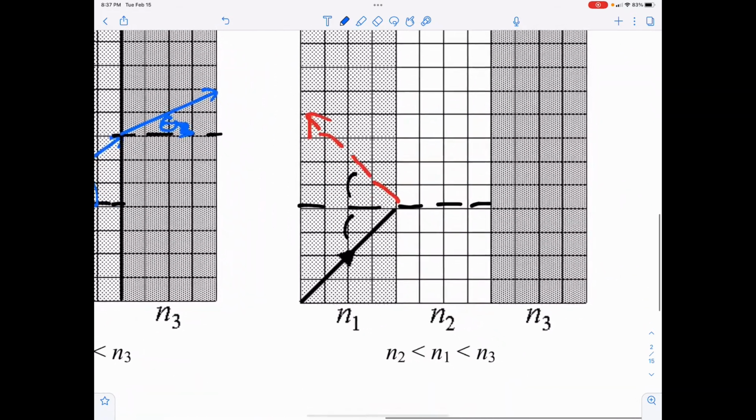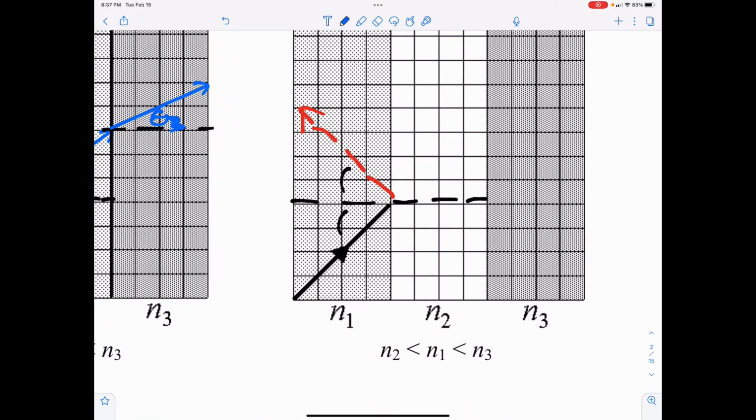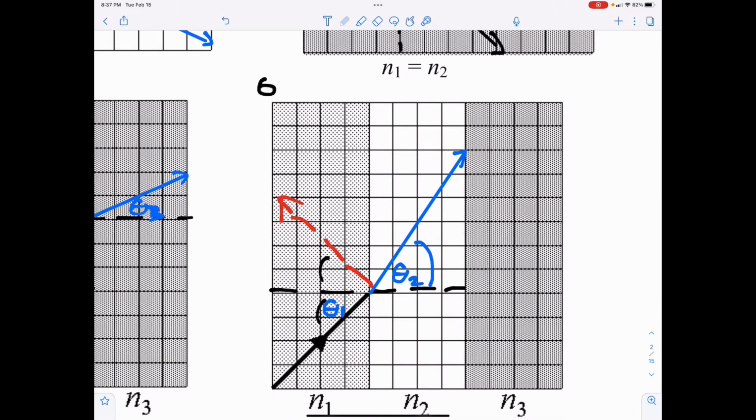And the last example, we have N1 going to N2, and N2 is lower optical density than N1. So we should expect the line to bend farther from the normal. So I'm going to bend it away like that. And theta 2 is much greater than theta 1.